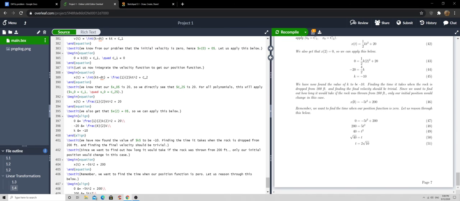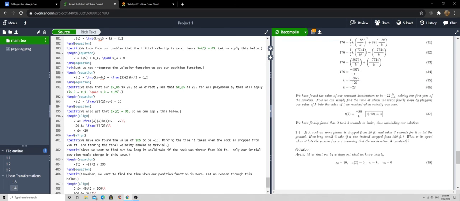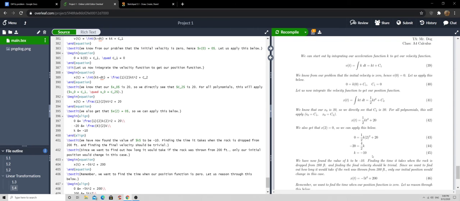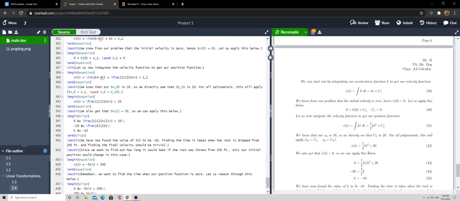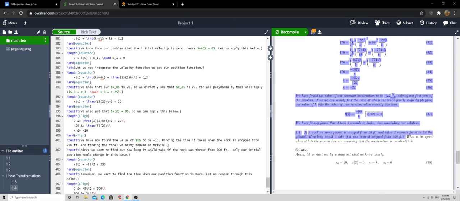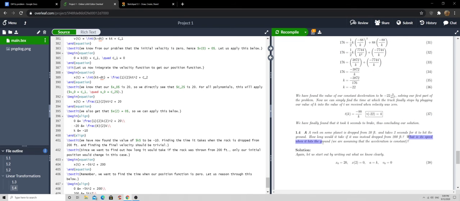So to do this, actually, let me see about this. Okay, so we know our k is minus 10. And again, what this is asking us is equivalently saying, what is its speed?